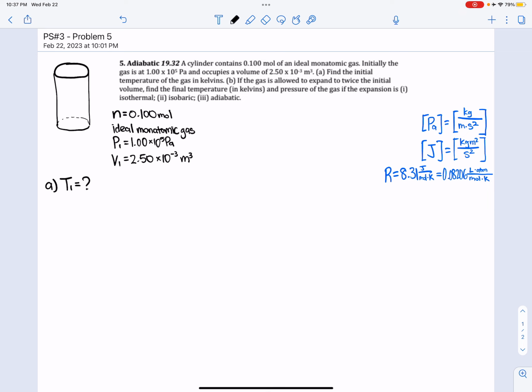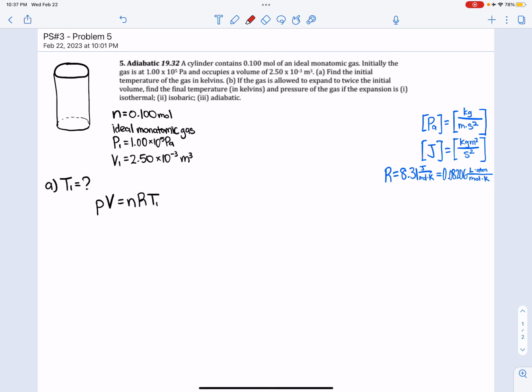Okay, so finding my initial temperature. I know the ideal gas law, PV equals nRT. For the initial state, I am looking for my T1.